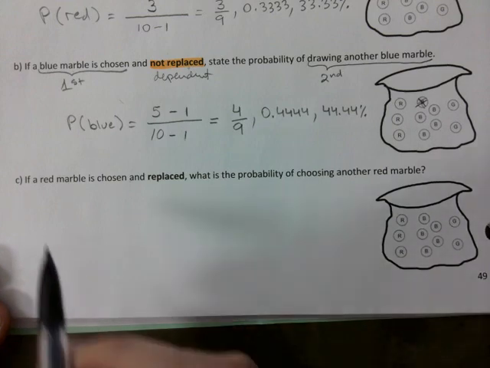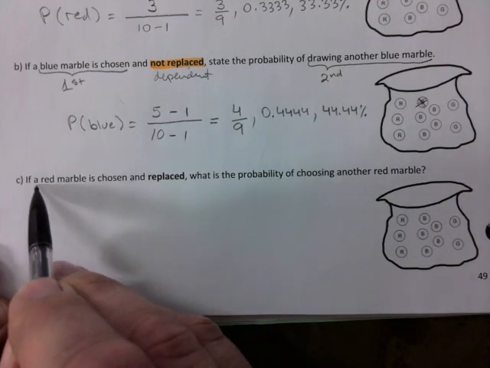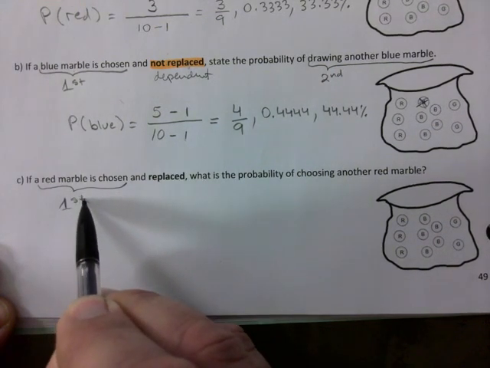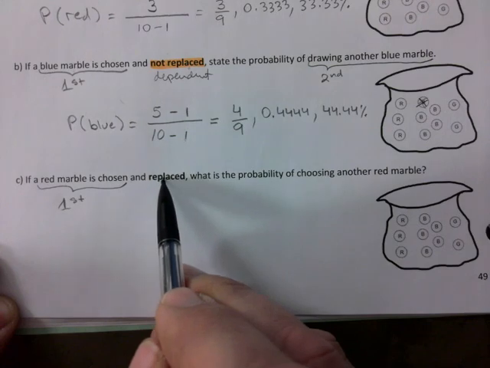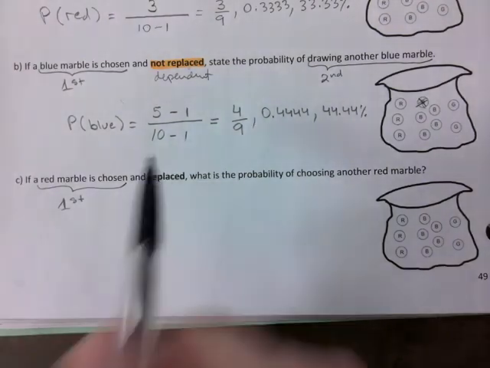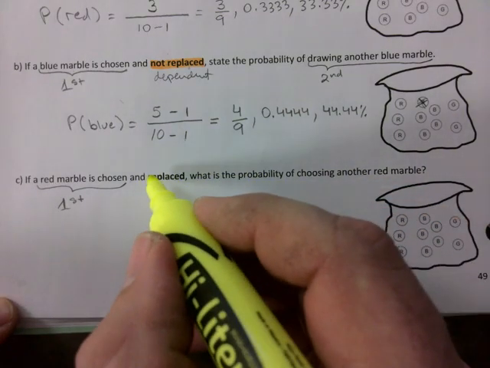One more example. If a red marble is chosen, so this is my first event. And what does it say here? It's replaced, correct? I'm going to use my other highlighter that I used for independent.